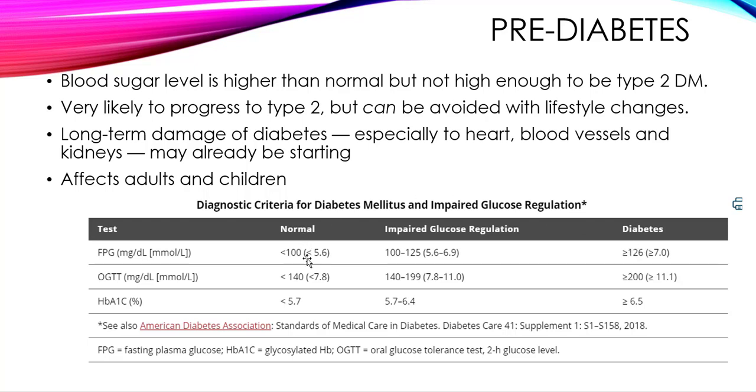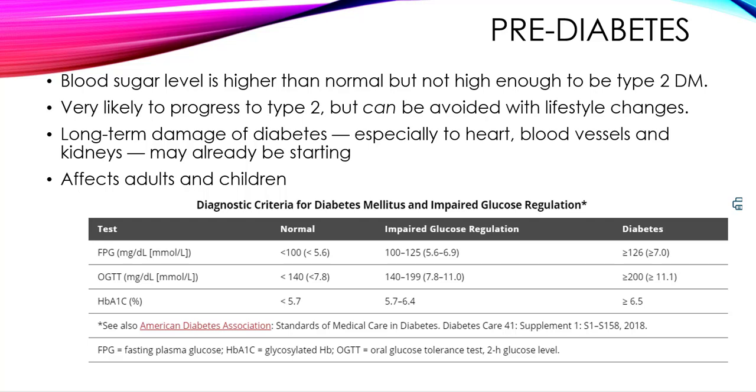So then you have that range in between, that's 100 through 125, and that it's still not high enough to be called diabetes type 2, but it is higher than normal. And so that is what is referred to as prediabetes, or impaired glucose regulation.